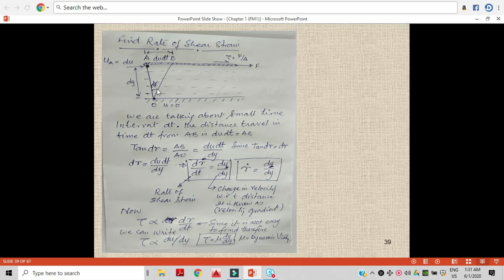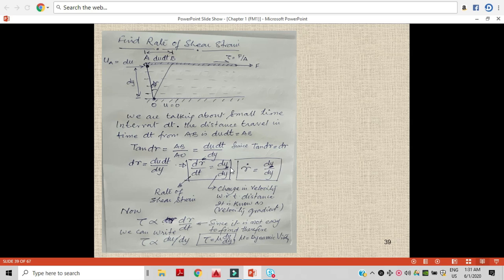Since this angle is very small, tan of d gamma is approximately equal to d gamma. So d gamma is equal to du times dt over dy, which gives d gamma over dt is equal to du by dy. This d gamma over dt is gamma dot, which is the rate of shear strain.